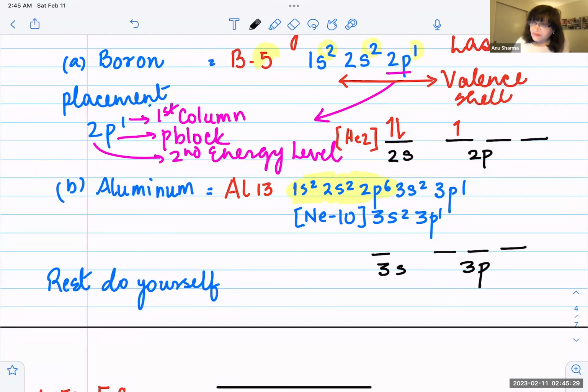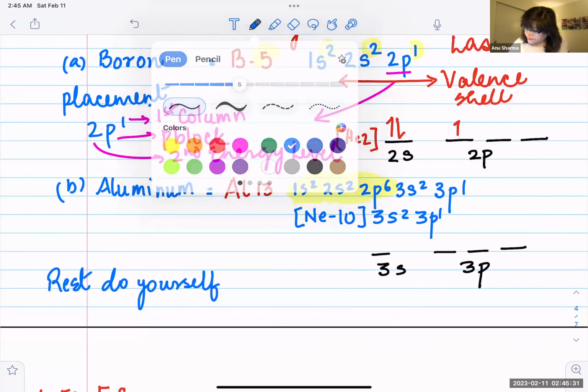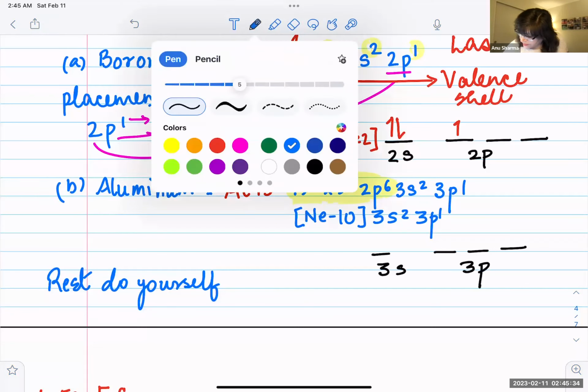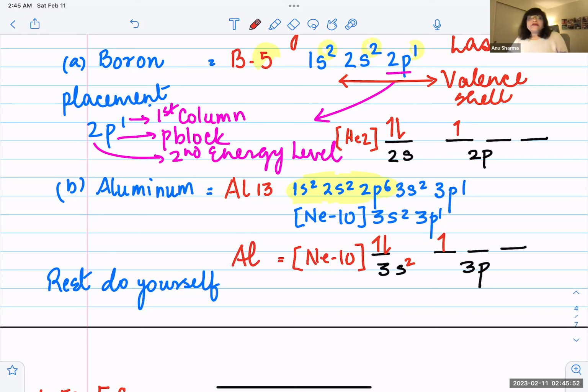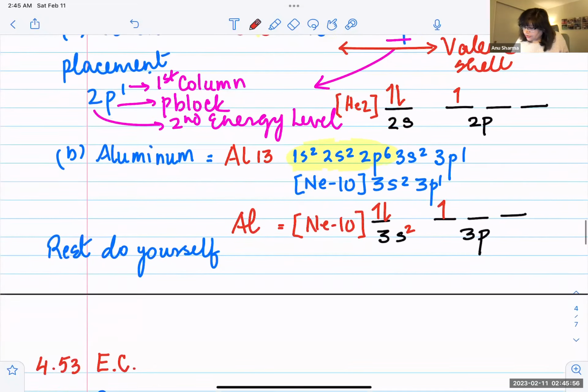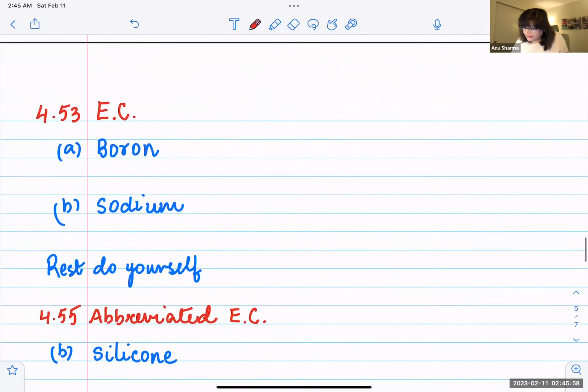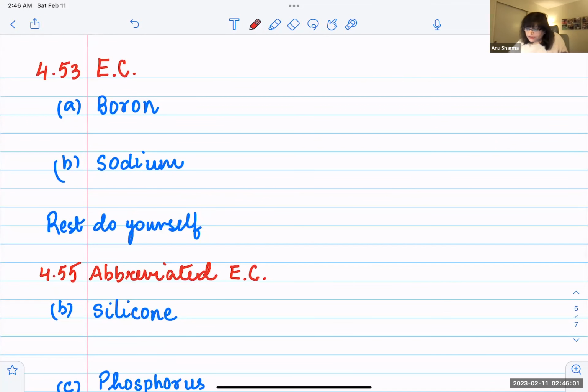And so here is the 3s2 and 3p1, and here the inner core is neon. Okay, and that is the electronic configuration for aluminum. All right, and the rest of it you should do yourself, but you can draw the orbital diagrams like this.